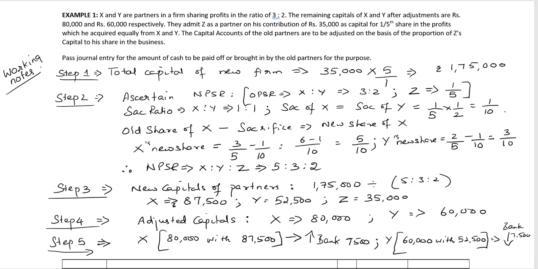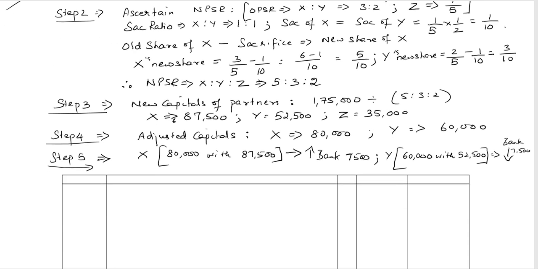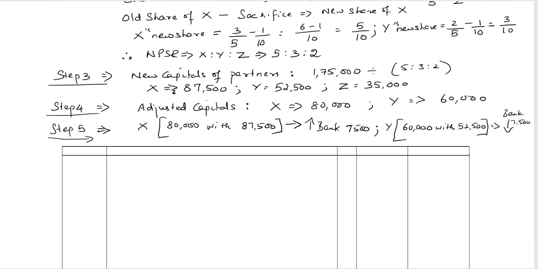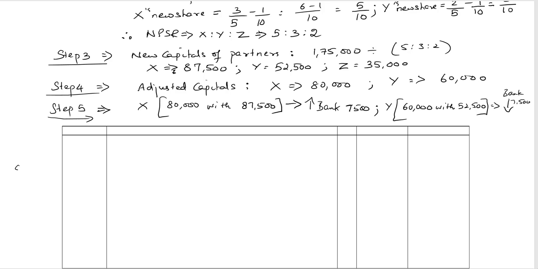So let's pass the journal entries. Solution. Date, particulars, LF number, debit rupees, credit rupees.